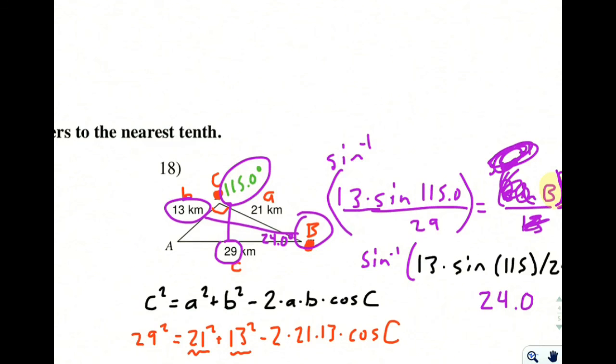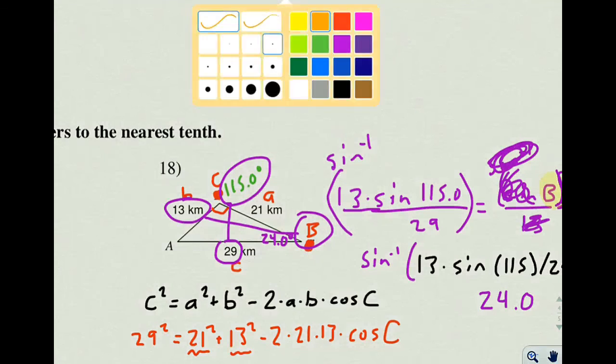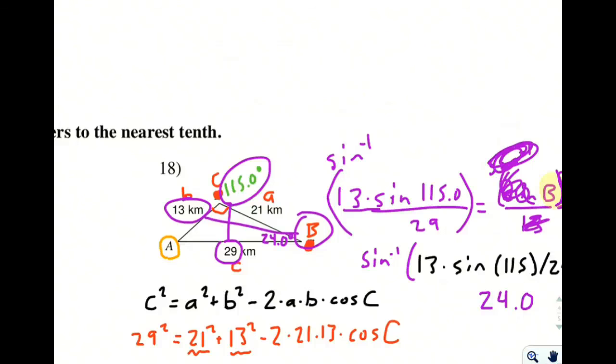And then we still have angle A to solve for. So angle A is going to be our easiest one because we now know two angles, and we know that three angles in a triangle add up to 180. So if we take 180 and we subtract 115 and then we subtract 24, 180 minus 115 minus 24 is going to equal 41 degrees.